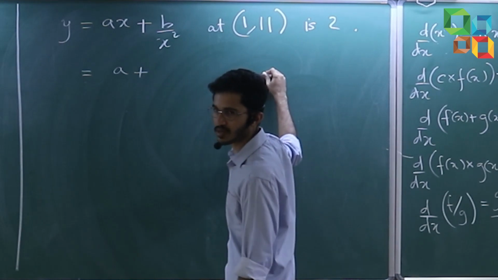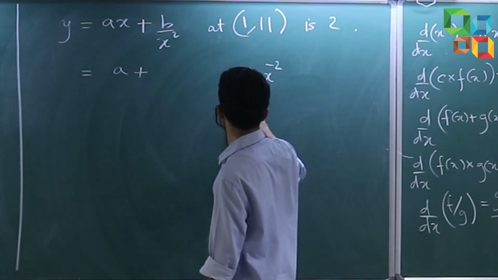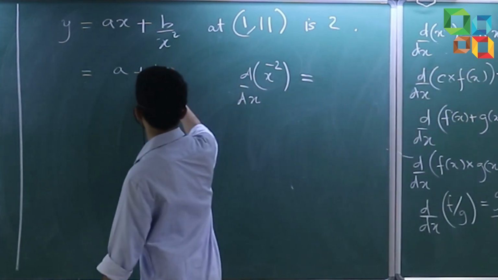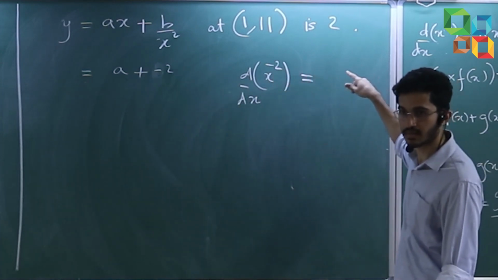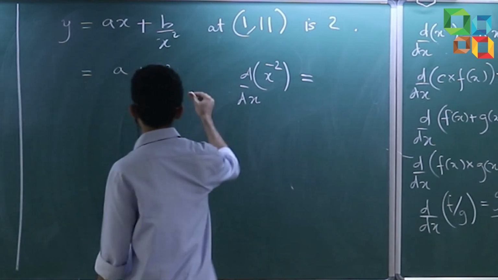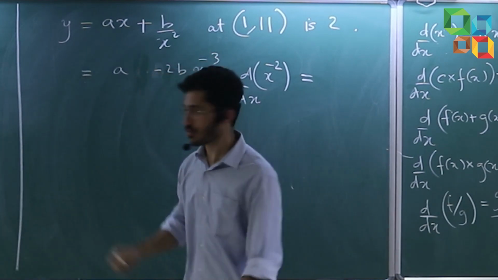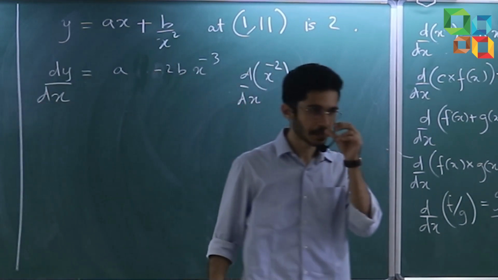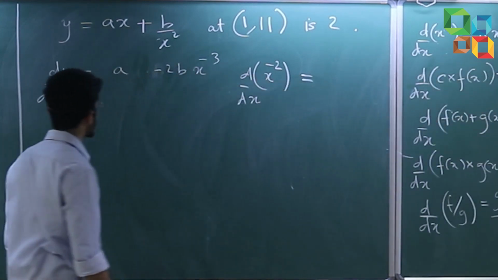x square should be written as x to the power minus 2 to differentiate. So the derivative is a minus 2b x to the power minus 3.